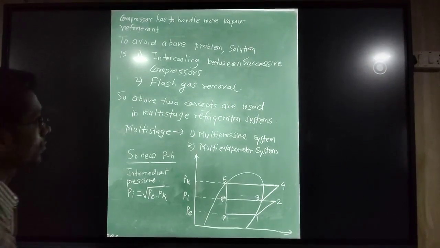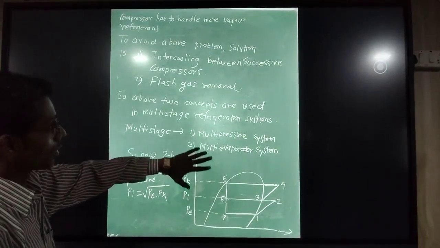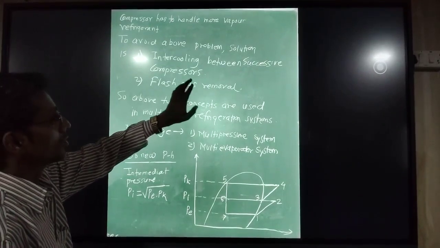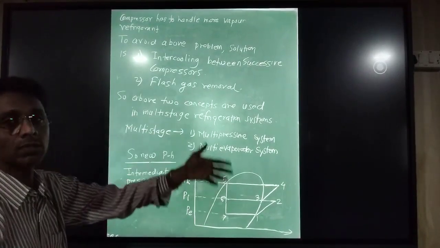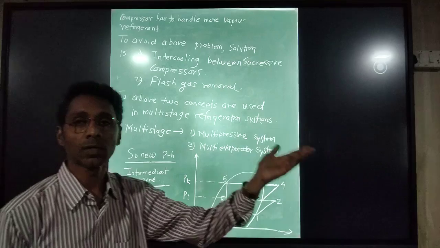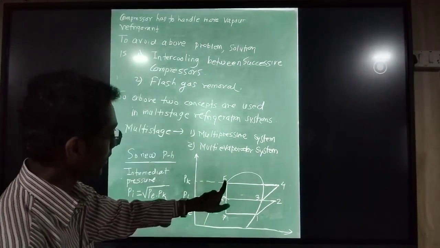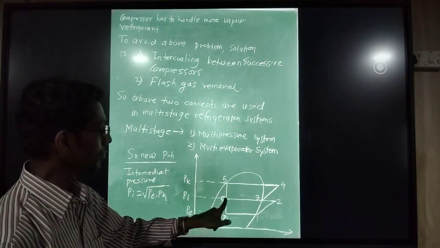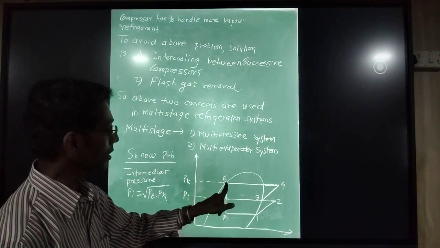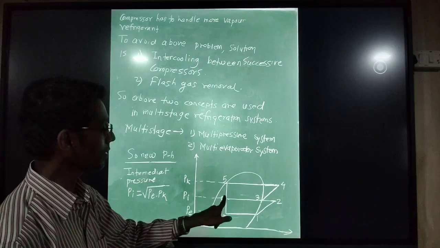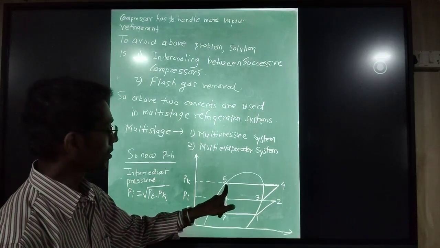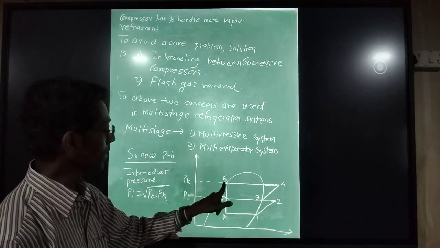So here we can remove the flash gas. For that purpose there are some systems that we will see in a further video session. In flash gas removal, we can continue the process onward from the condenser, that is the capillary tube, the expansion process.